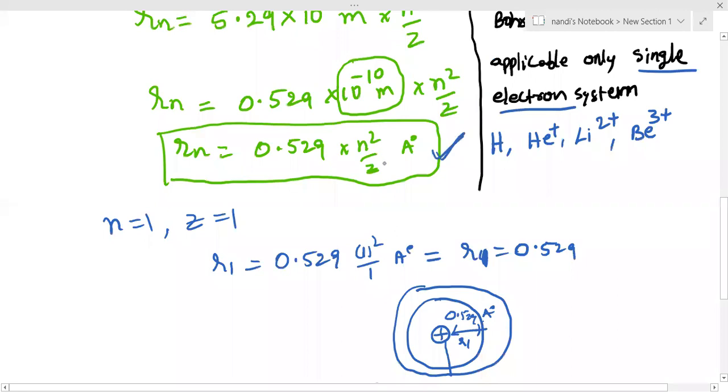The n value and Z change, the remaining stays the same. Only one formula. You people have done so many things in mathematics; this is just a small thing. Any doubt here?